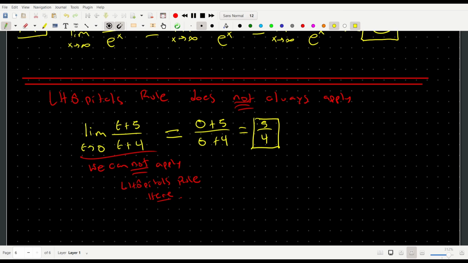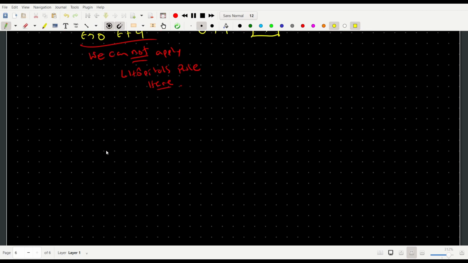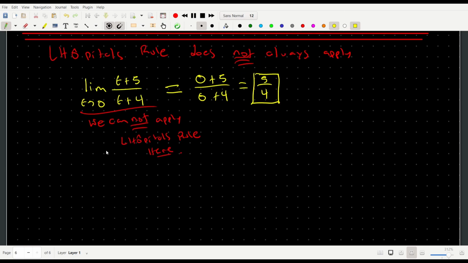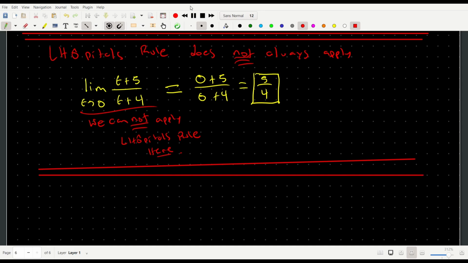So because the limit does not yield an indeterminate form, you cannot apply L'Hopital's rule. This is a very important point and something that I really wanted to point out with this simple example at the very end of the lecture, because I want you to be very, very careful with this.